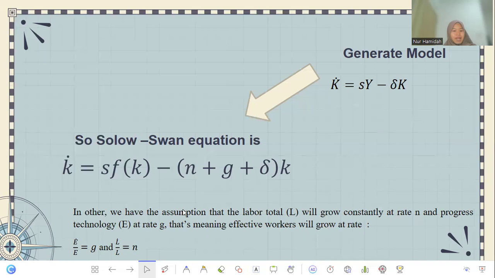We assume that total labor will grow constantly at rate N and technological progress E at rate G. That means effective workers will grow at the rate N plus G. Per E there is G, and per labor is N. So we have the formula N plus G plus delta, which we can get from this formula.